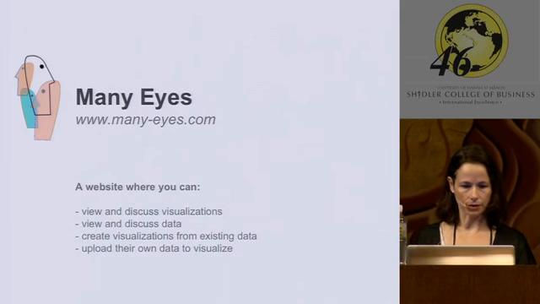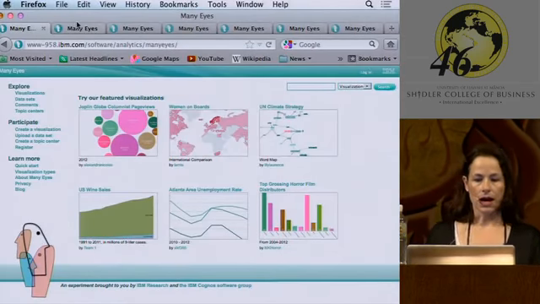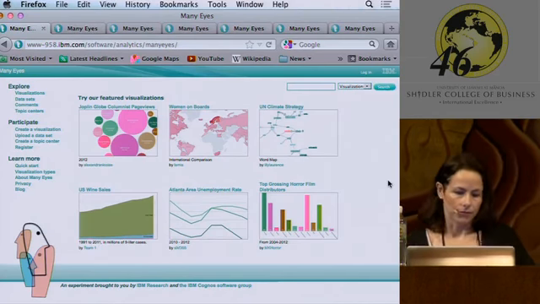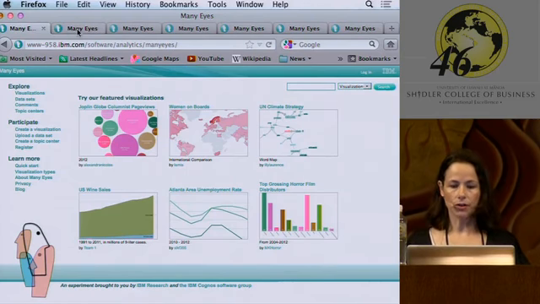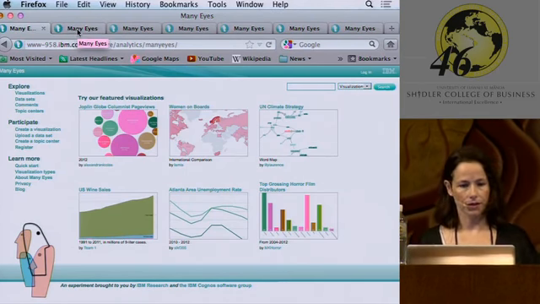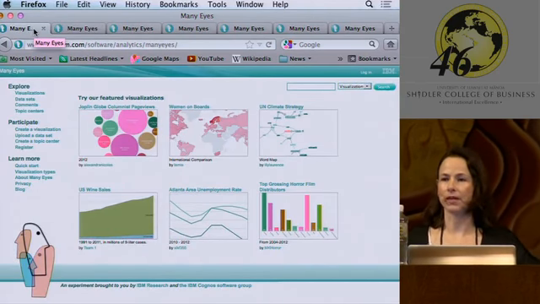And let me show you what Many Eyes looks like. So this is Many Eyes. Every day a few visualizations get highlighted, and they change as time progresses. But let me show you what happens when we have a specific visualization. Before I go here, just a little thought experiment.